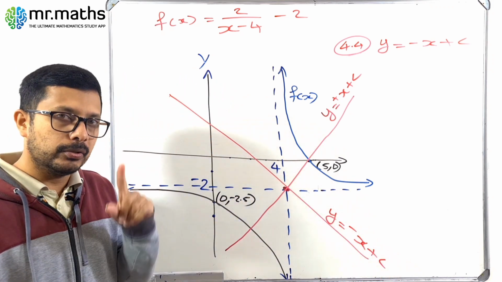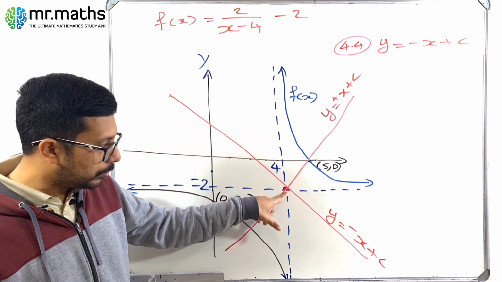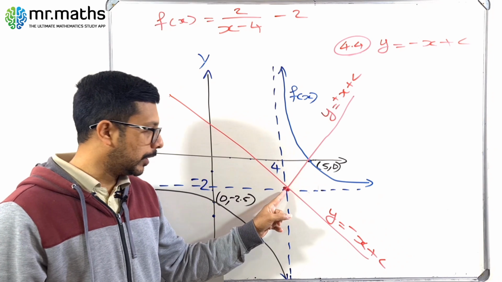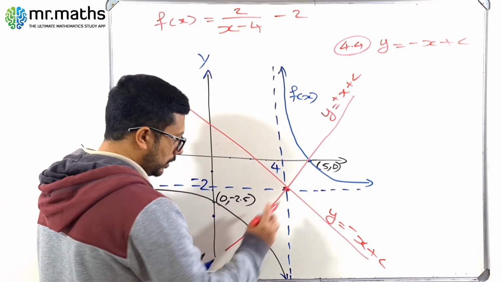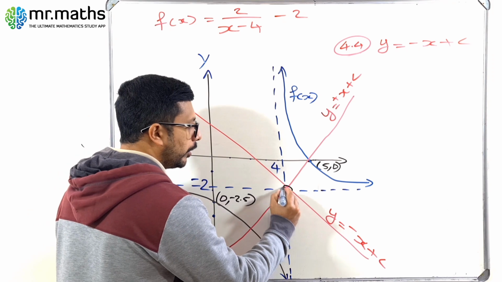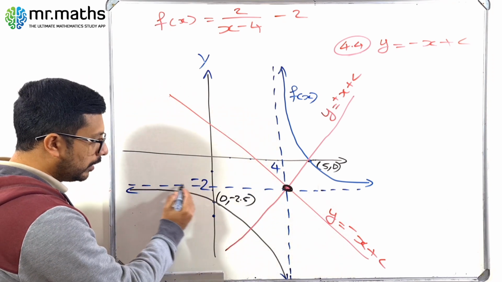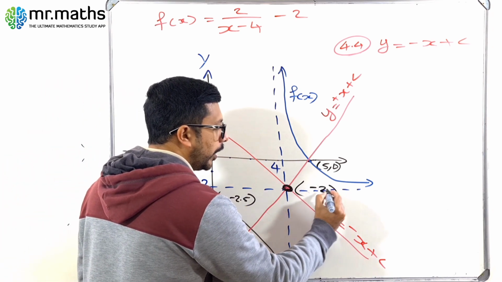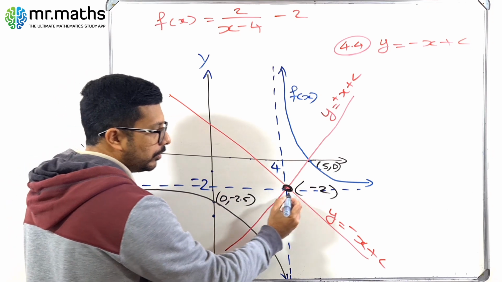Okay, and you have to note one thing: both the axes of symmetry are passing through the intersecting point of the asymptotes, passing through this point. So here can you say what is the coordinate of that point? Here the y value is minus 2, and what is the x value of that asymptote? X value is 4.